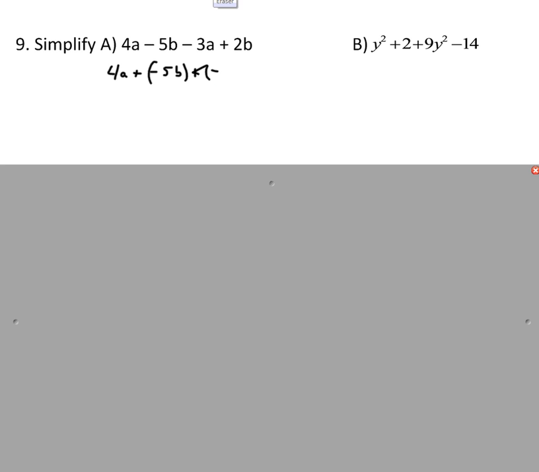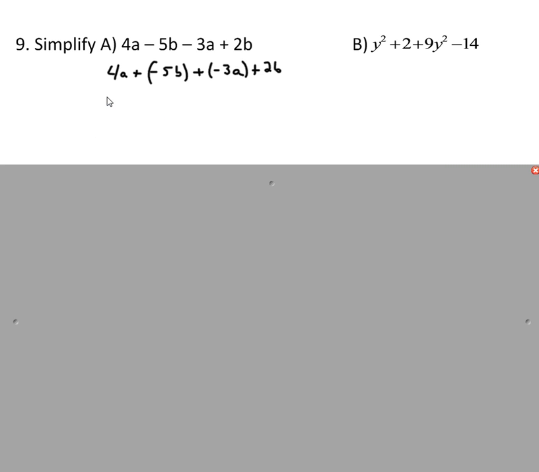Let me try to get my pen to work with me at least a little bit more nicely. Negative 3a. I have to remember to pick up my pen when I write. Plus 2b. Okay, now that we have that, we can say, well, in addition, it doesn't matter which order we put those numbers in, especially the two middle numbers.